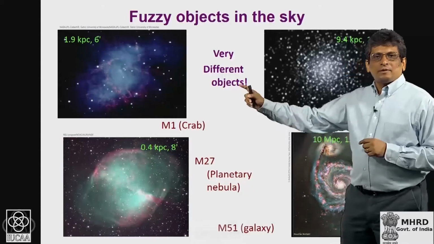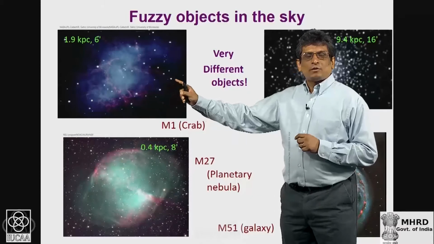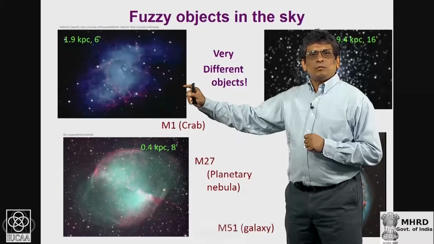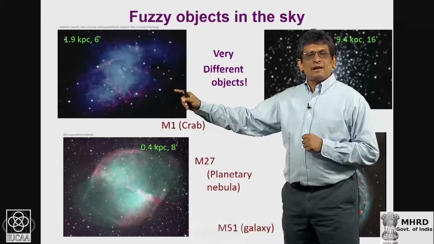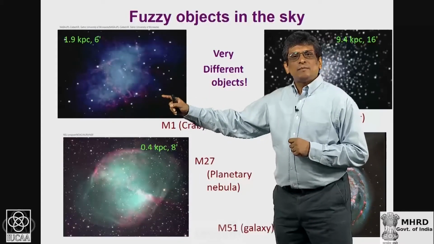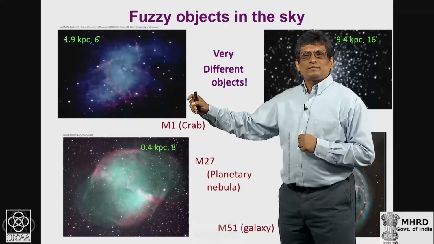There is, for example, the first one, which is M1, the Crab Nebula, which is actually a single star that exploded 1,000 years ago, and now it looks nebulous because it is expanded to form a very large nebula.